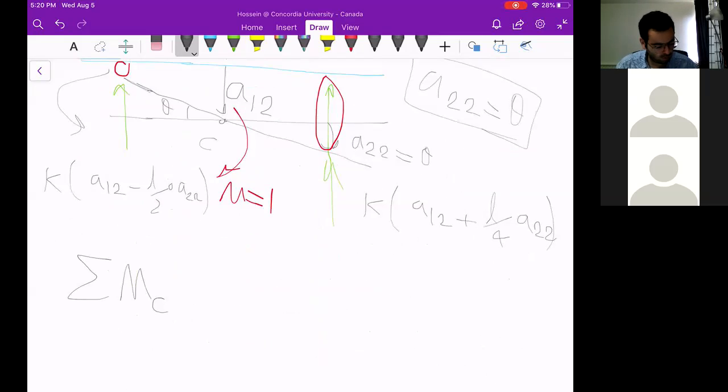So summation of momentum around point center of gravity, if positive is counterclockwise, is I C theta double dot. See, there is no acceleration. We imagine that we apply a static momentum.